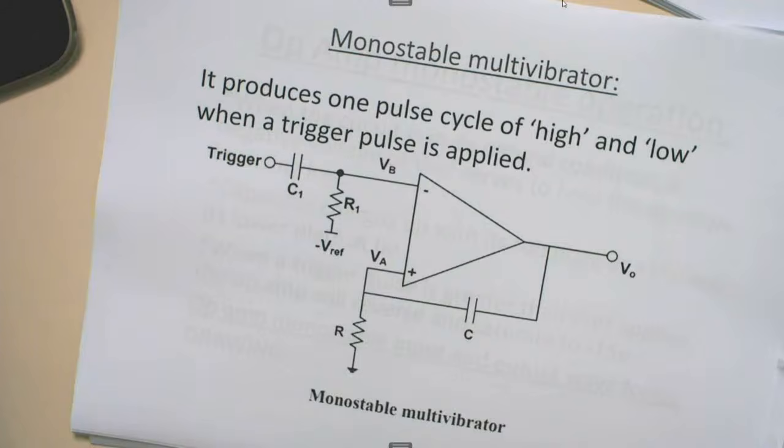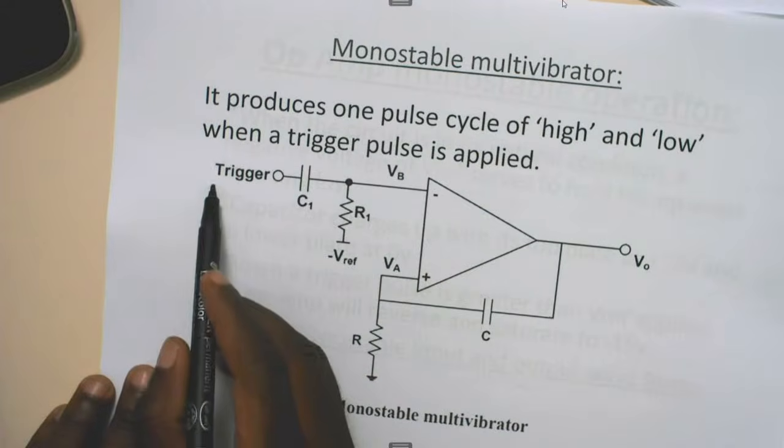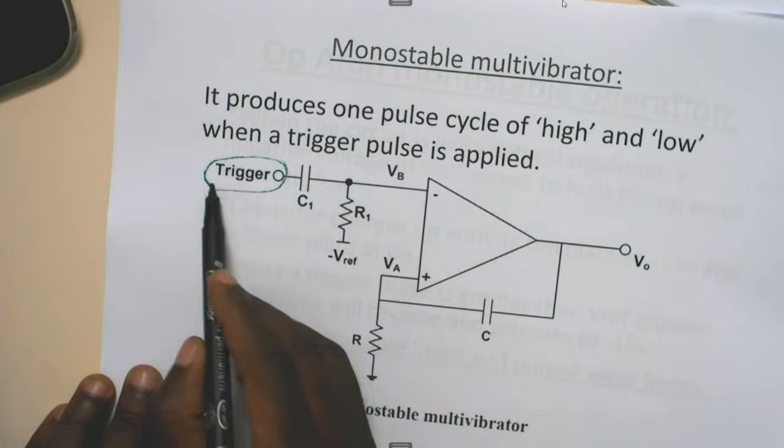So in here we'll have a monostable multivibrator. It produces 1 pulse cycle of high and low when a trigger pulse is applied. So this one being a monostable multivibrator, it only consists of one trigger pulse.